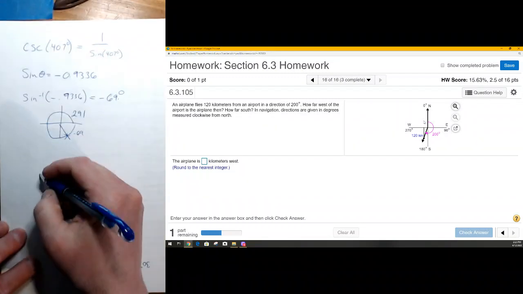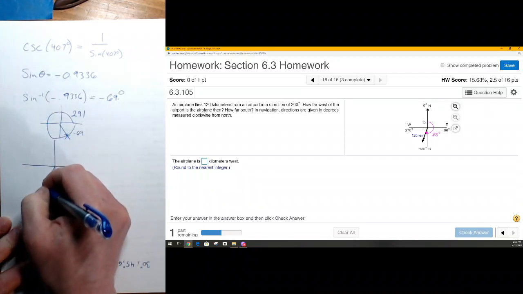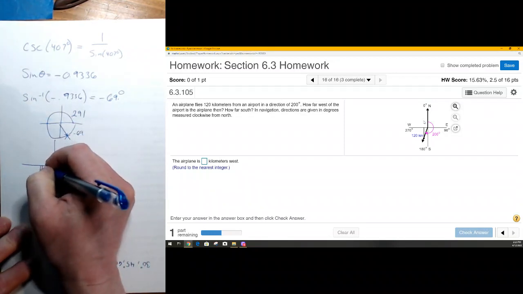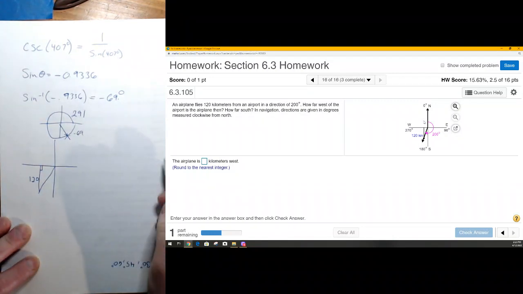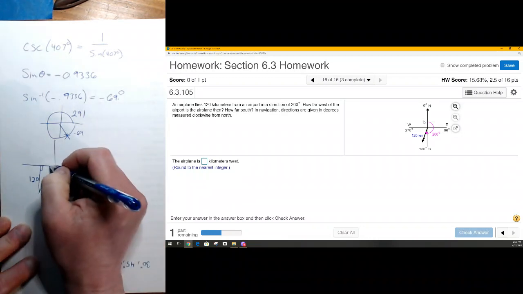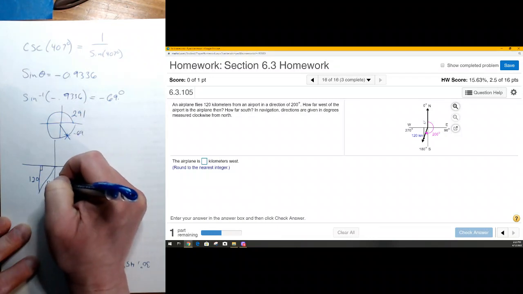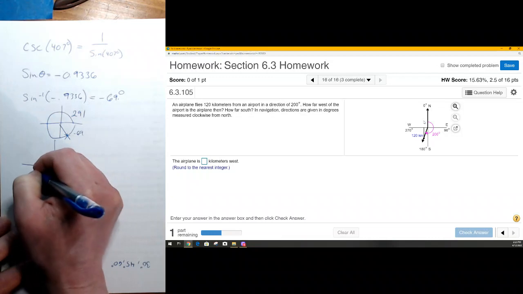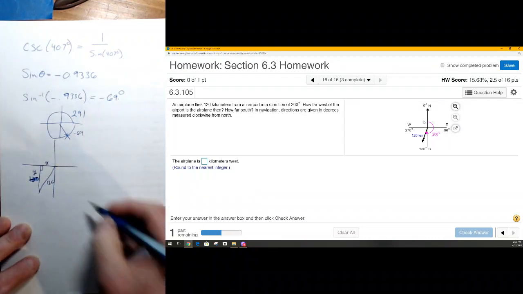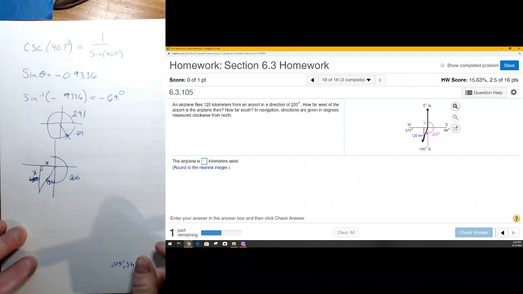All you're really doing here is looking at a triangle. This is 120, and we want to figure out how far west of this the airplane is. Oh no, the plane actually flies 120 here. So we want to find out this part here, and this part here, and we know that this is equal to 200 degrees.